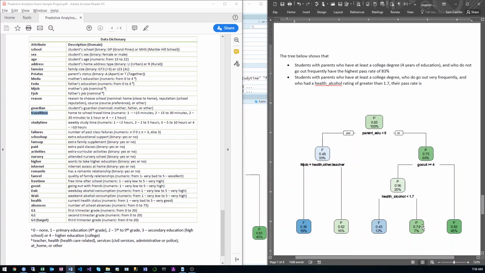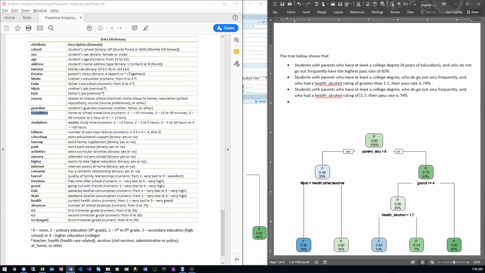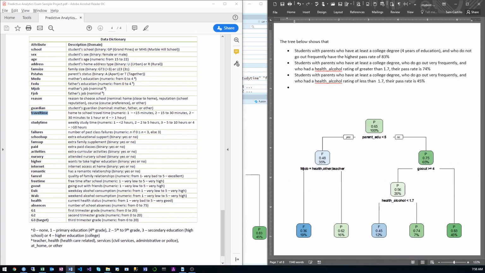And then this node is 74%, and then less than 1.7 is 45%. So now we finished all of these nodes, and we have to go down these paths.